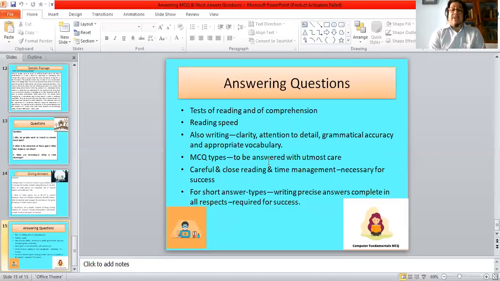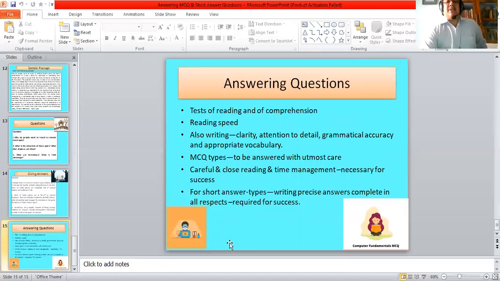That is what is required for the short answer type question. So the MCQs basically test your reading speed and comprehension and understanding. The MCQs test not only your reading speed and understanding, and sometimes your inferential skills as well, but they also tend to test your writing skills in brief as to how you are able to write on these subjects which are contained in the reading passages.